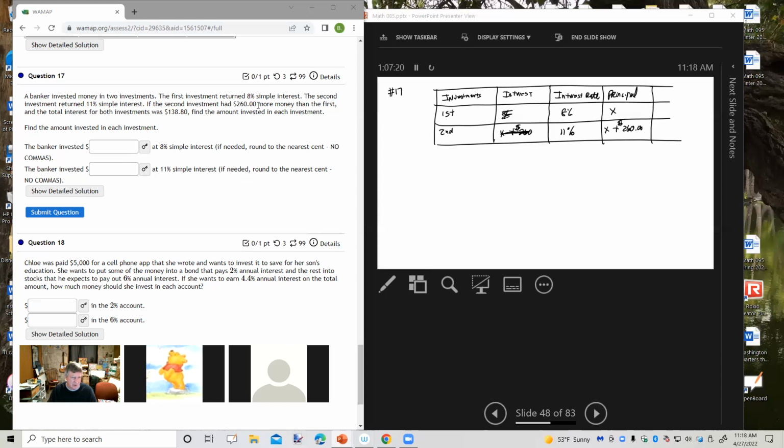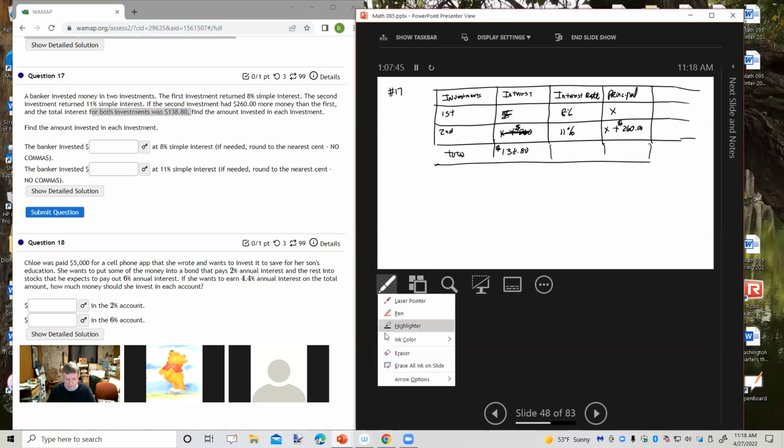I was assuming that meant the return on it, but it was the investment, okay? The total interest was $138.80. So this would go there. Now, let me get my eraser out and clean this up a little bit.